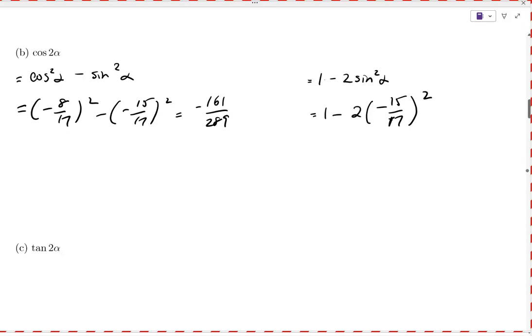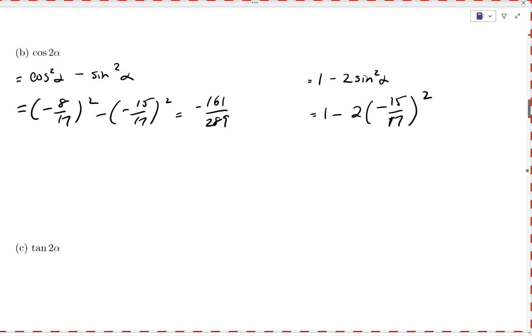So you'd have 1 minus 2 times negative 15 over 17 squared. Well, 15 squared is 225. Multiply that by 2, you get 450 over 289. You need to count the denominator. 450 minus 289. Oh, look at that. It's 161 again. So I really do get the same answer.